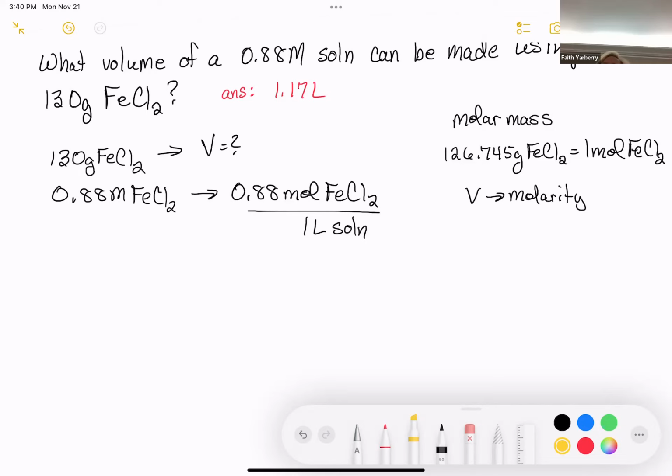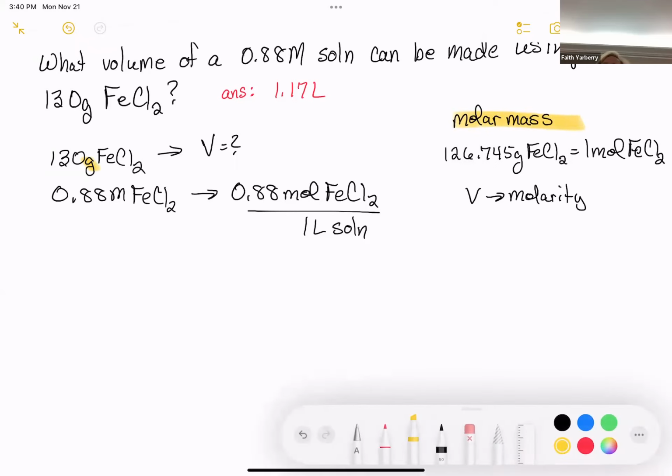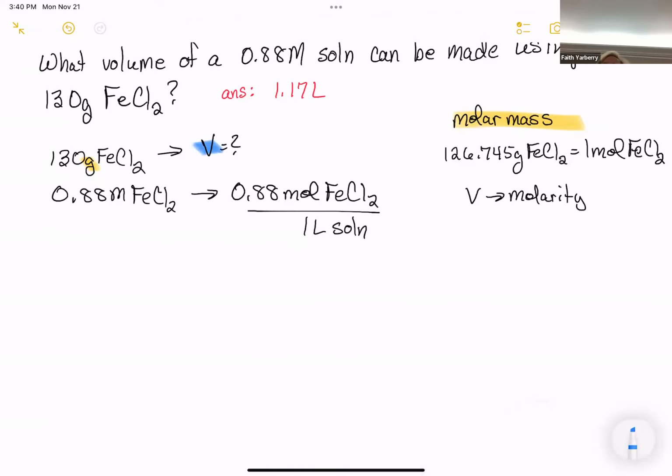So we're going to take that 130 grams of FeCl2 and turn it into volume of solution. Now, as soon as I saw the grams, that told me I was going to need my molar mass as a conversion factor. And as soon as I saw the volume, it told me that I was going to need the molarity as a conversion factor.